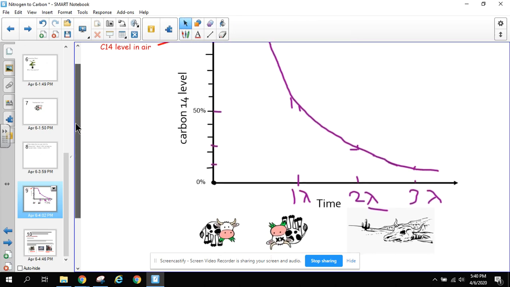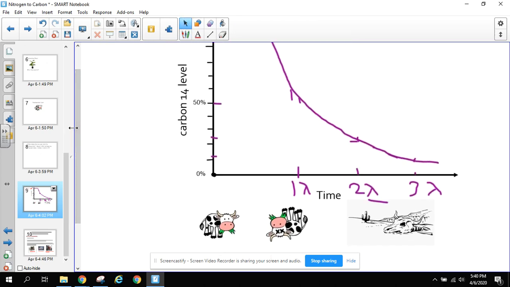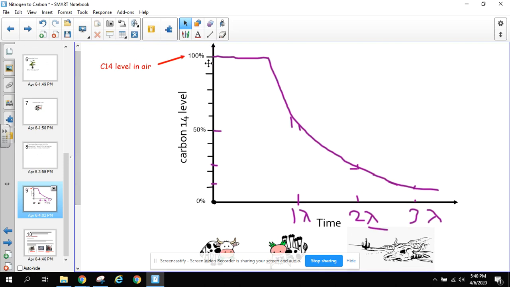Well, imagine you're a paleontologist out hiking through the desert when one day you come across a fossil or some old cow bones. You take a sample of this fossil, bring it back to the lab, and you crush it up in a special machine that can count the number of carbon 14 atoms present in the old fossil. And then you can compare that to what it should be.